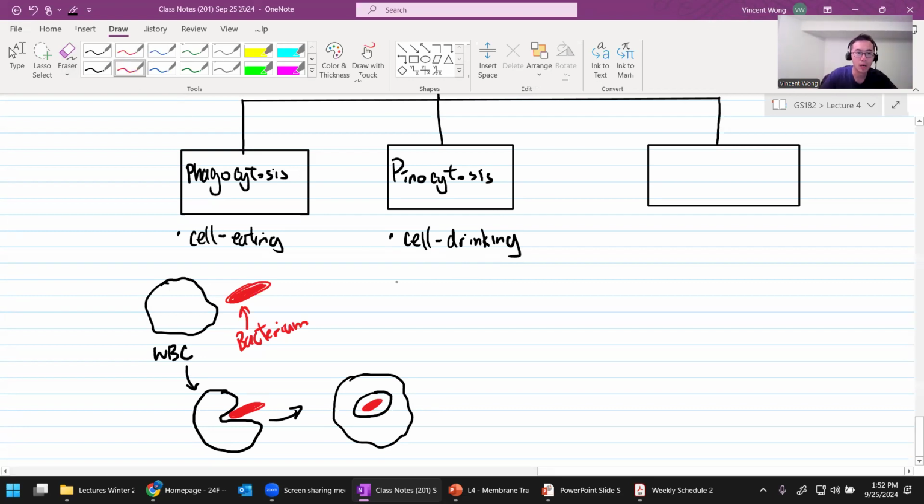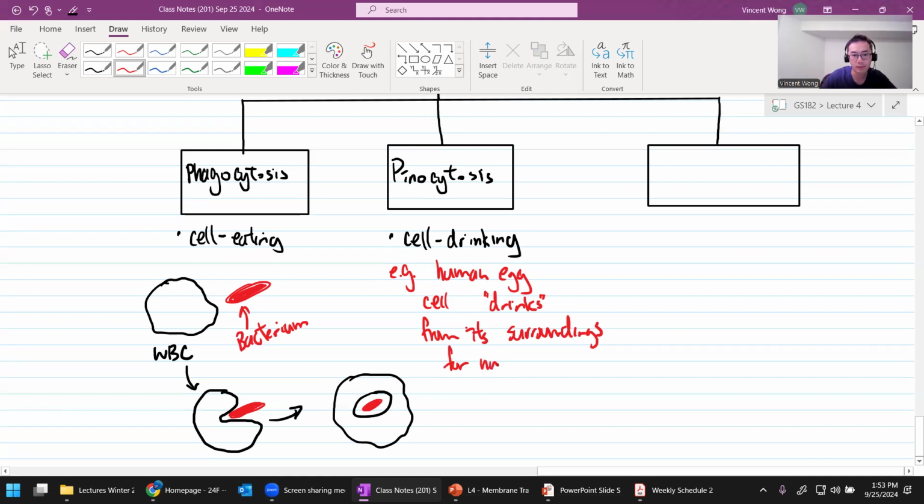Okay. So an example of that would be human egg cells. Human egg cells drink from the surrounding. Okay, from its surrounding. Human egg cell drinks from its surrounding for nutrient. Okay, so it's bringing in mostly liquid instead of a big chunk of bacteria.